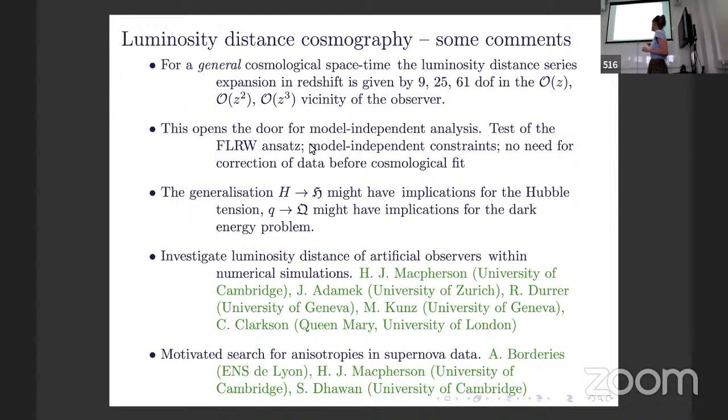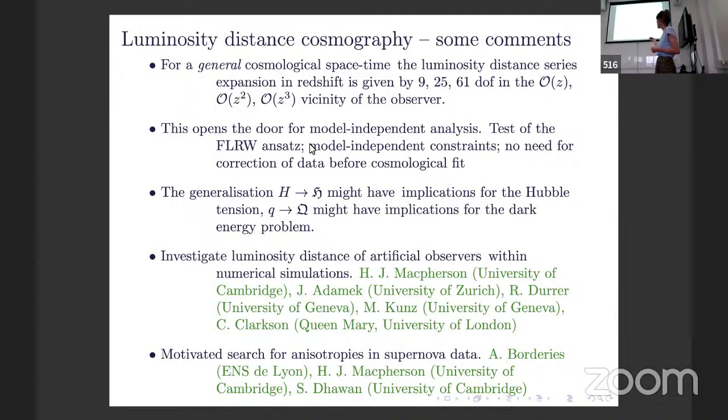Currently I'm doing some investigations on how these features in the formalism that I described look for realistic observers in numerical simulations, and I do this together with Chris and other collaborators.